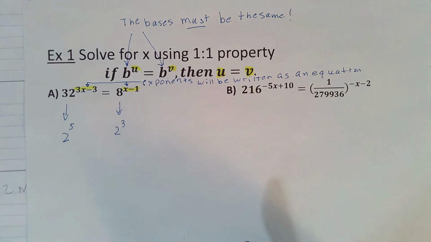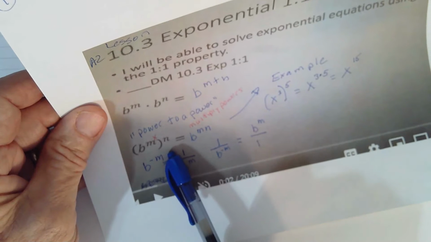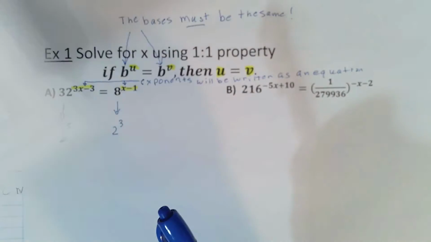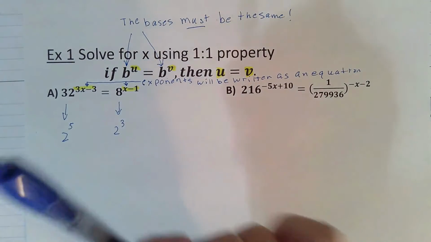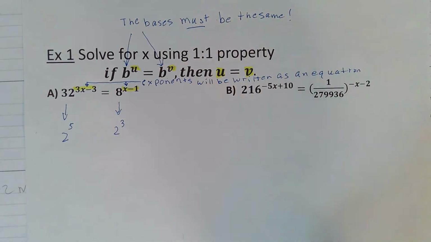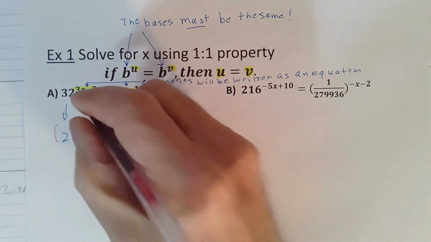All right, so we're going to do what we had set up before. We're going to set this up as a power to a power thing, because I've got 2 to the 5. I'm going to now put my exponent, which is the n in the first one, on the outside. So 2 to the 5th, and then parentheses, and now I'm going to put this exponent over here.